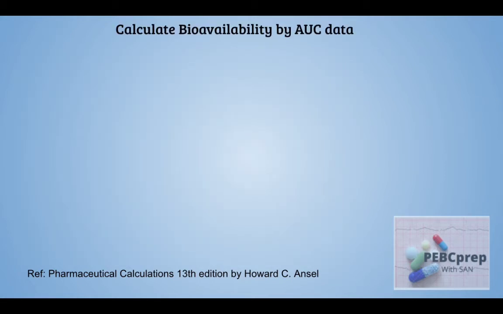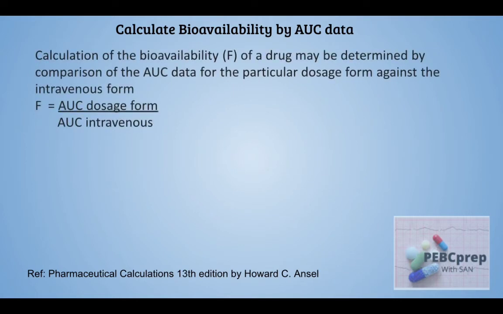We can calculate bioavailability by area under curve data. How? The bioavailability factor of a drug may be determined by comparison of area under curve data for the particular dosage form against the intravenous form. Why are we using the intravenous form?